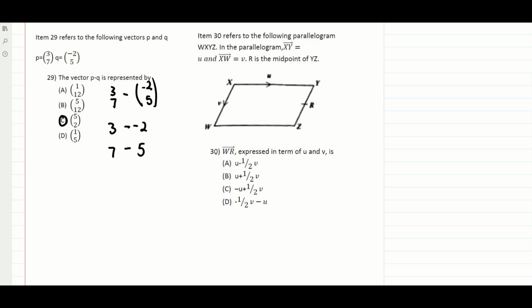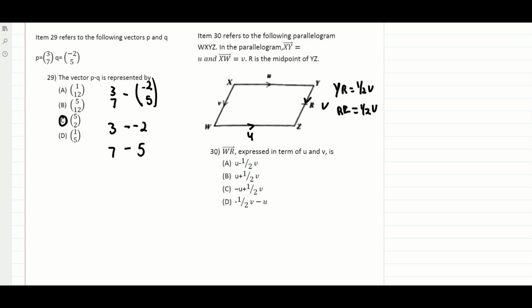Alright, so if it's a parallelogram, xy is u, so therefore wz is also u. xw is parallel to yz, so yz will also be v. Right? Now because r is the midpoint, we can say that yr would be a half of v. Right? And rz is also the same thing, a half of v.